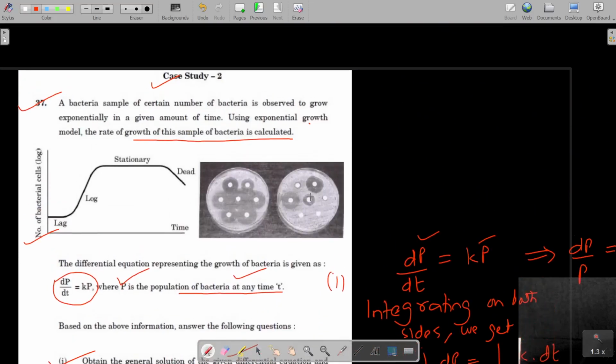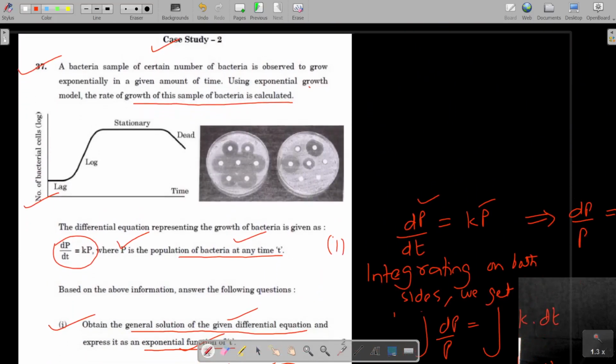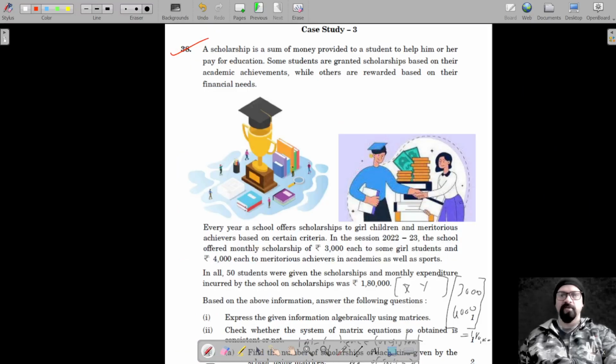Moving on to the last question, that is question number 38. It's about the scholarship, that is money provided to a student to help him or her to pay for education. Some students are granted scholarship based on their academic achievements, while others are rewarded based on their financial needs.